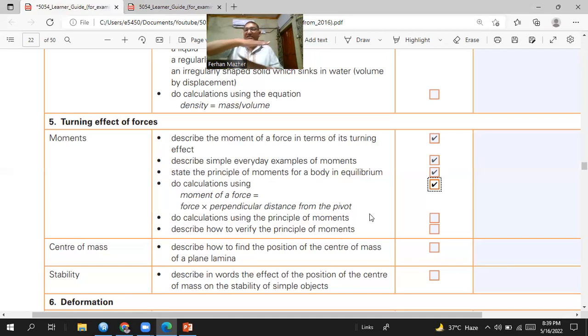For example, if this is the pivot here and I apply force upward on the left side, from where I am looking, it's a clockwise moment. So if I apply force on the left side in upward direction, it produces a clockwise moment. But if I apply on the left side of the pivot a downward force, it will produce an anti-clockwise moment.